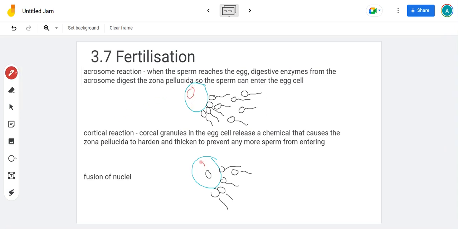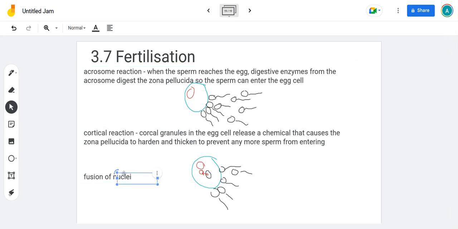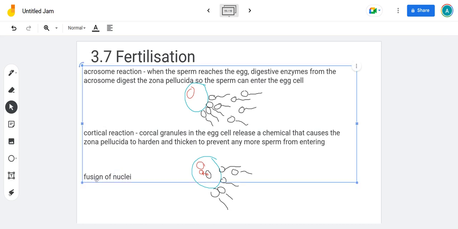And the nucleus of the egg cell and the nucleus from the sperm cell are going to fuse. The two nuclei are going to fuse together. So the 23 chromosomes from the egg and the 23 chromosomes from the sperm are going to join together to make 46.